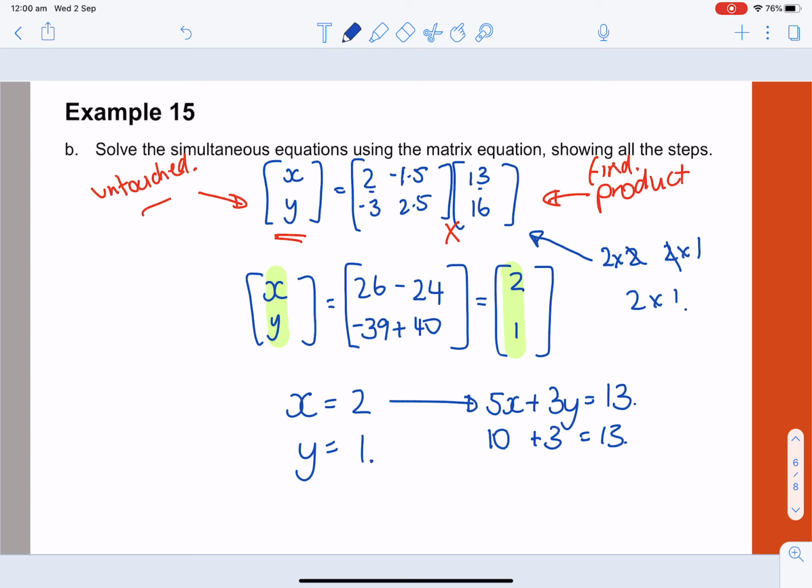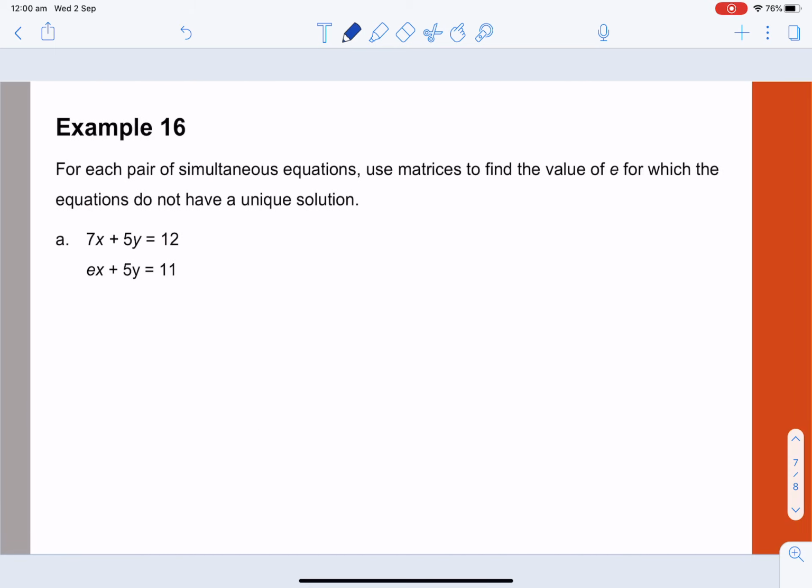All right, on to example 16. For each pair of simultaneous equations, use matrices to find the value for e for which the equations do not have a unique solution. Okay, so first things first. Write this out in matrix form. Remembering, e is my unknown, so in this instance it goes as part of my square matrix.